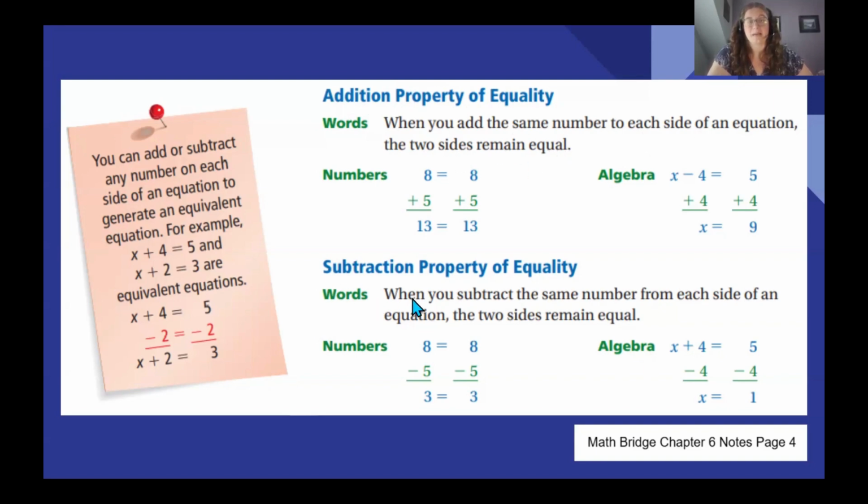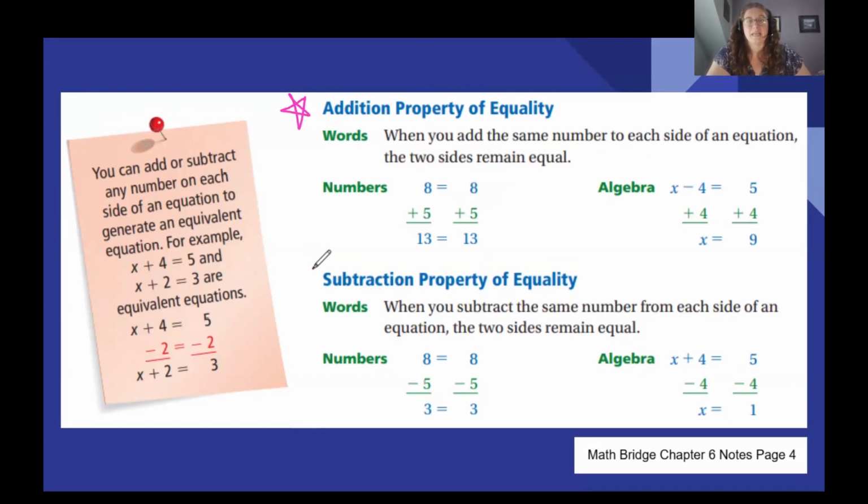And the subtraction property of equality tells us that when you subtract the same number from each side of an equation, the two sides remain equal. So what we just did to balance those scales by doing the same thing to both sides, we have a term for that in math. It's called the addition property of equality and the subtraction property of equality.